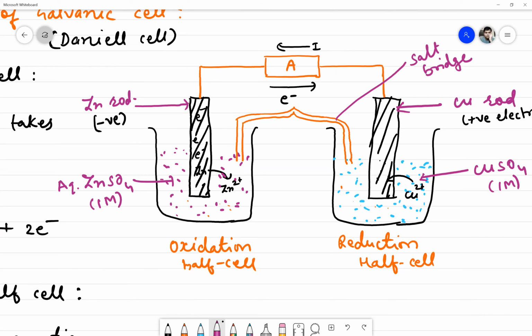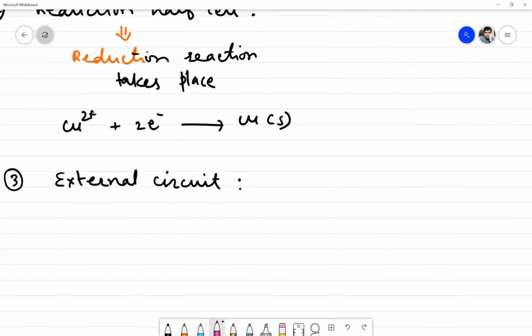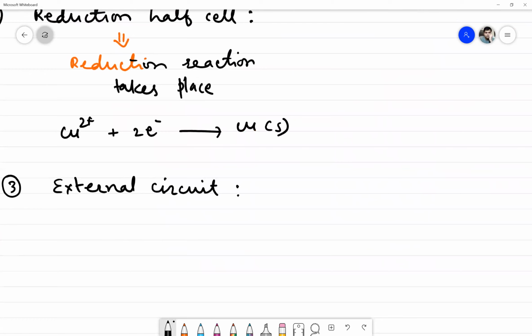So the next component, a very important component, is the salt bridge.